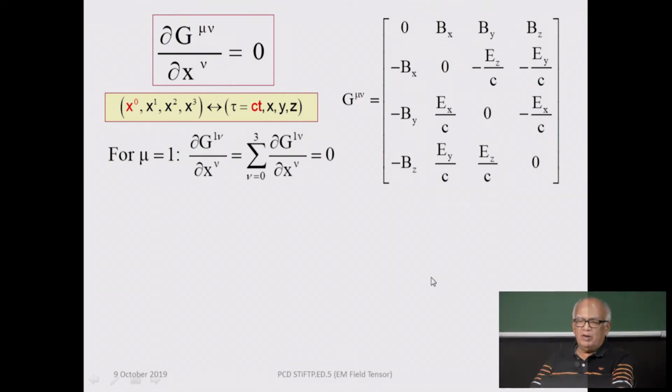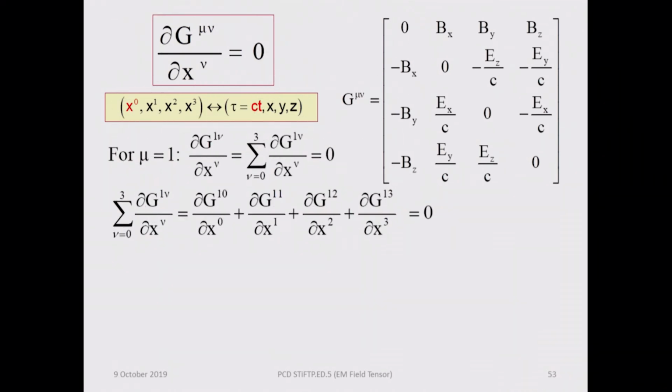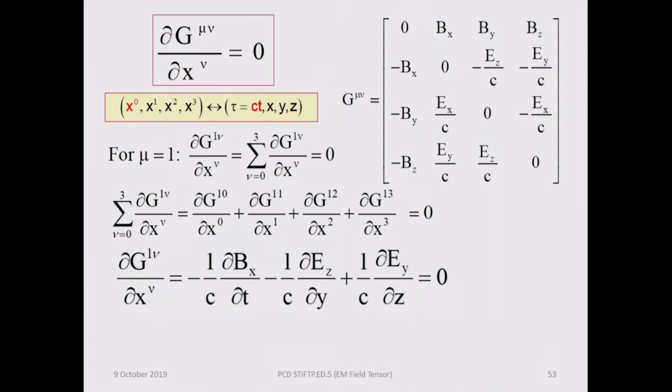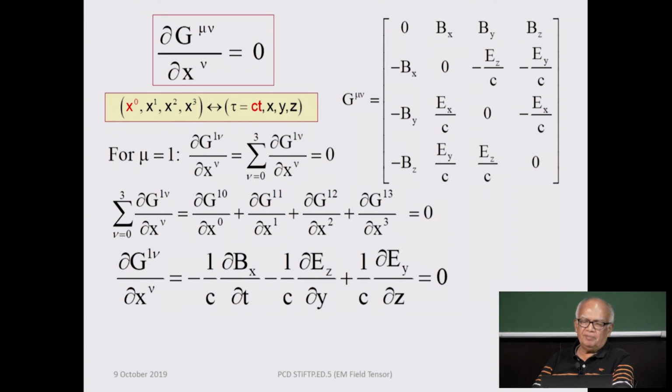For mu equal to 1, again you have 4 terms, out of which the second term would give you 0, and the remaining 3 terms are what are shown here.